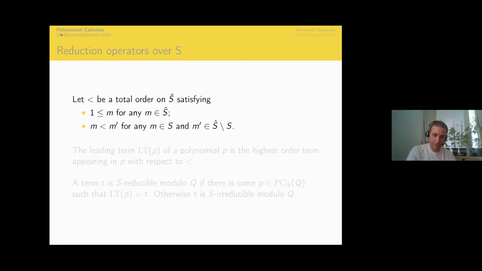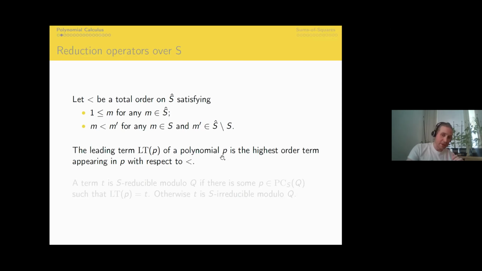And just some terminology: we say that the leading term of a polynomial P is the highest order term appearing in P with respect to this ordering.